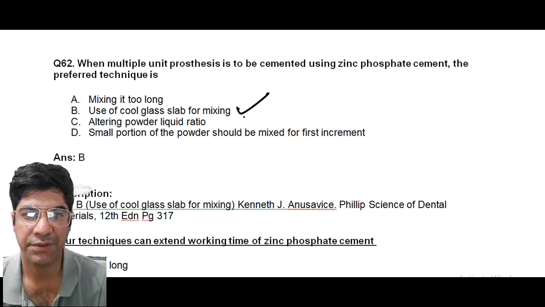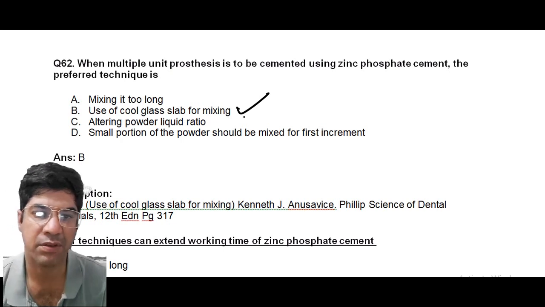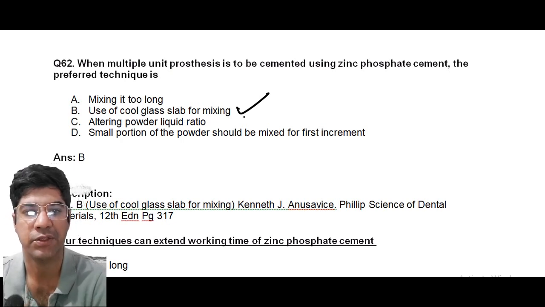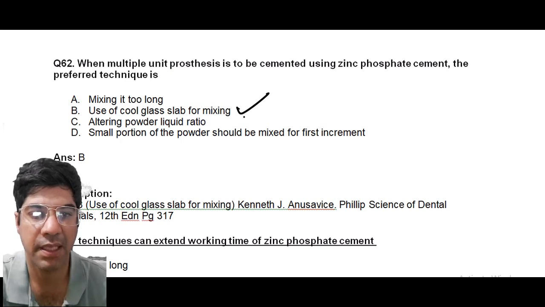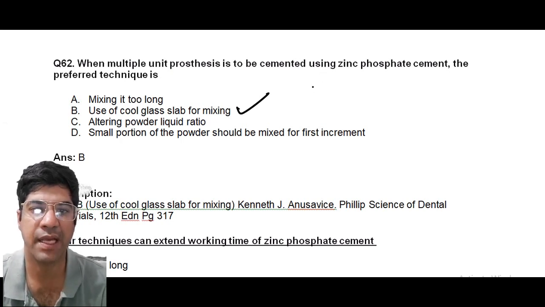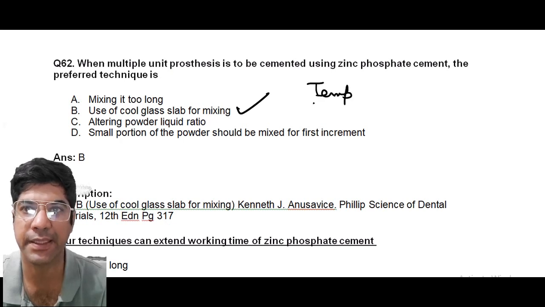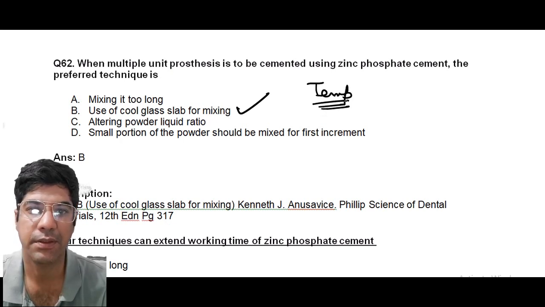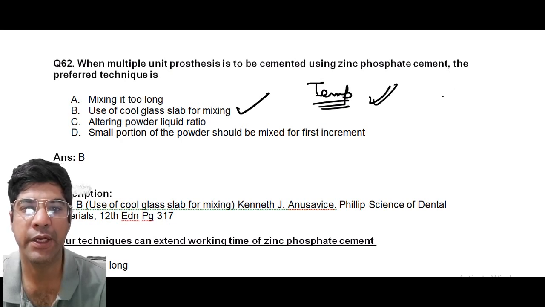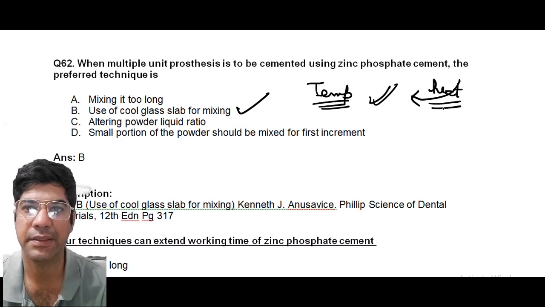So we know zinc phosphate cement is a product of chemical reaction between zinc oxide powder and a liquid phosphoric acid. So the reaction is exothermic, that generates heat. So mixing on a cool glass slab helps to control the temperature of the cement during mixing, preventing it from setting too quickly due to the excess heat.